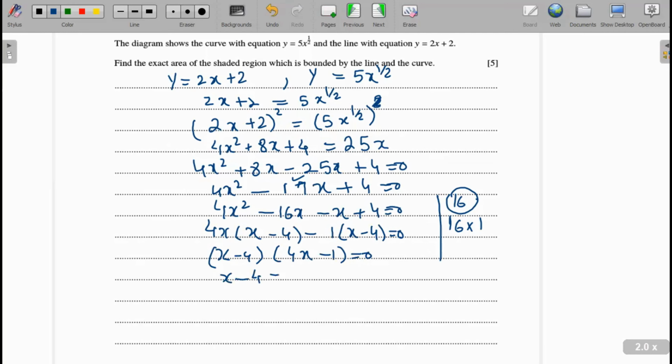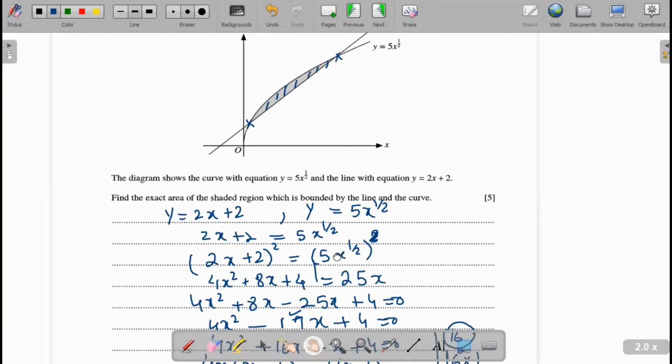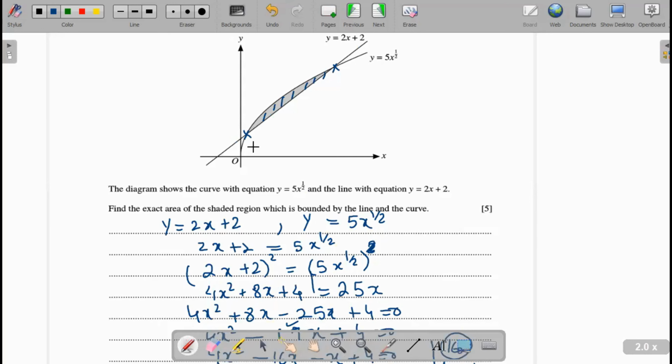Either x minus 4 equals 0 or 4x minus 1 equals 0, so x equals 4 or x equals 1 over 4. These are the two values at which the line and curve intersect, 1 over 4 and 4.